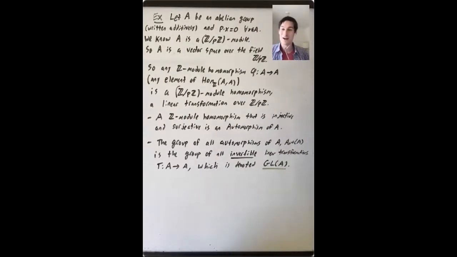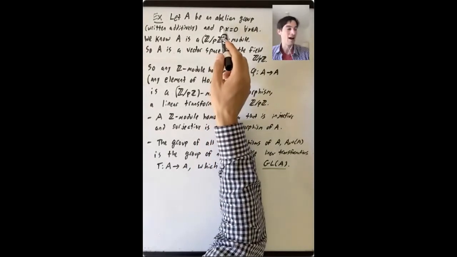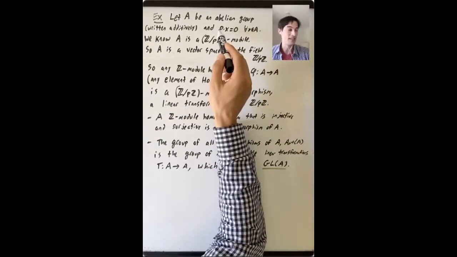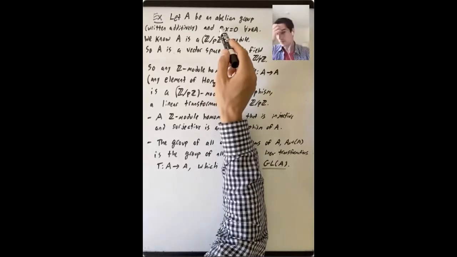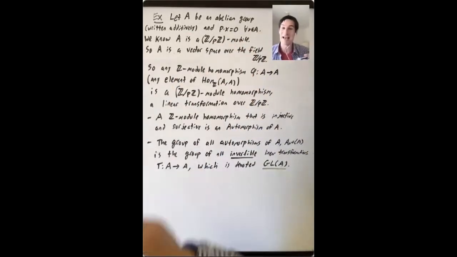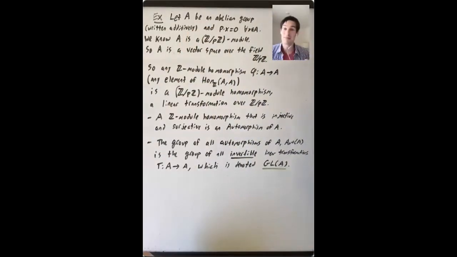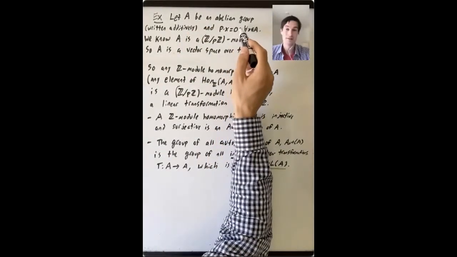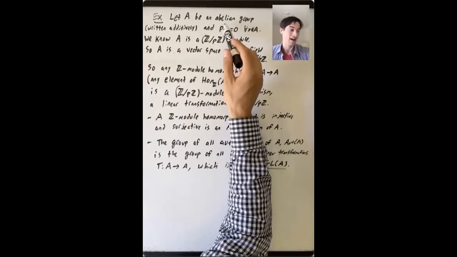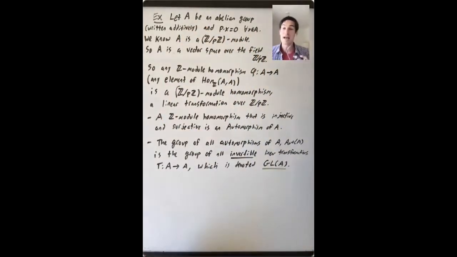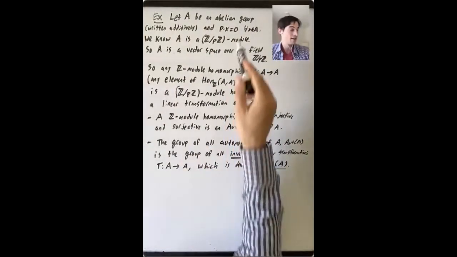All right, so what does that mean? We have this action of Z on A, and P dot X, where you think of P as an element of Z and X as an element of this Z module A, is 0. So in fact, if you act on any element of A with any element of the ideal PZ in Z, you get 0.